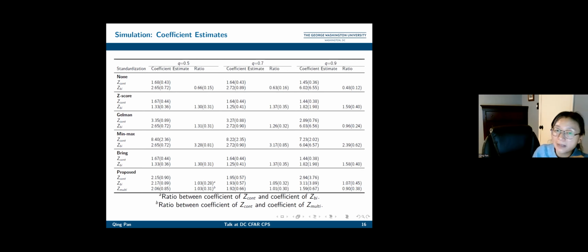After I dichotomize it with 0.5 or 0.7 or 0.9 at different quantiles, the beta changes. If you do the previous standardization, it corrects it a little bit, but doesn't correct all of them. But our method would have a very comparable beta because everything is binary. Of course, they would have the same beta.